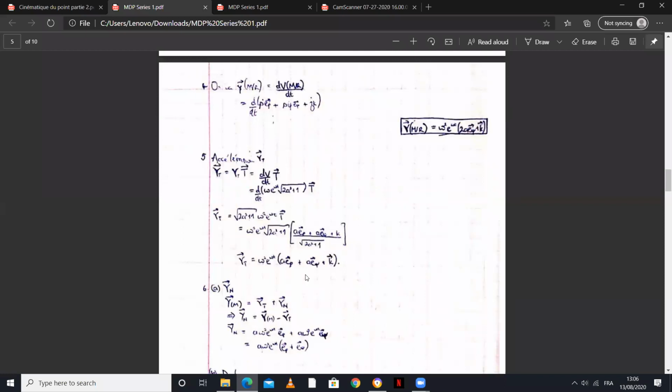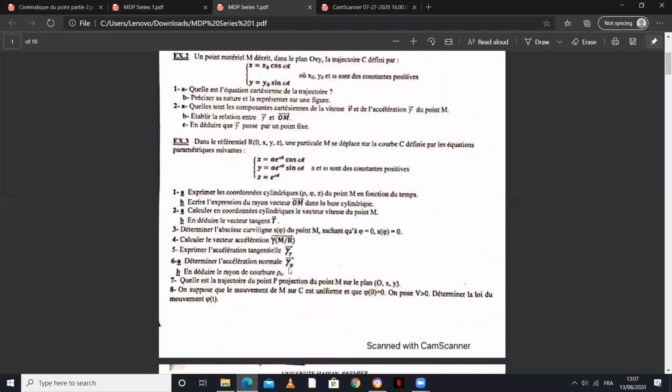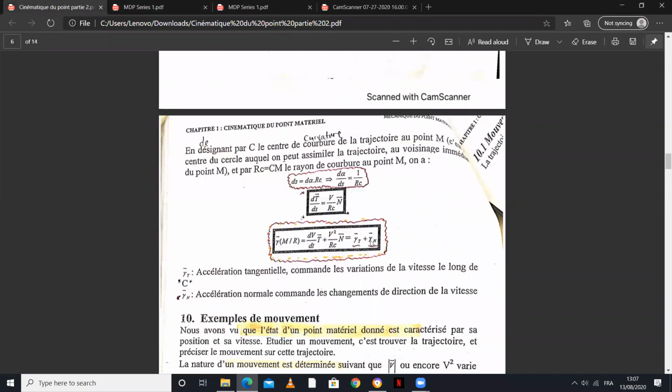We are now going to do the next one, gamma n. The question is saying déterminer l'accélération normale. So again, when you come to your notes, the same formula, you see the total gamma is equal to gamma t plus gamma n. If you want, you can use this formula here to calculate gamma n, but it's going to be hard because you don't know what the radius is.